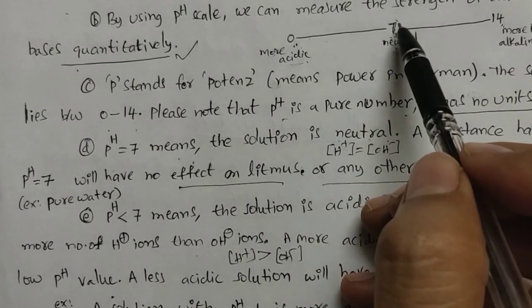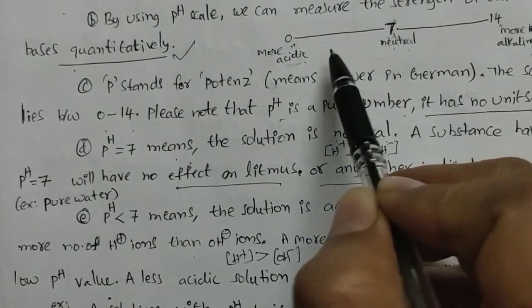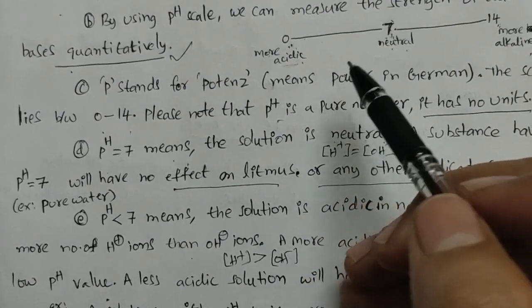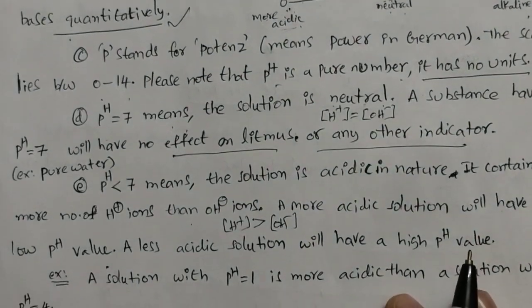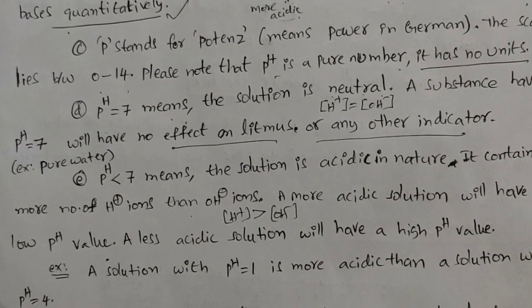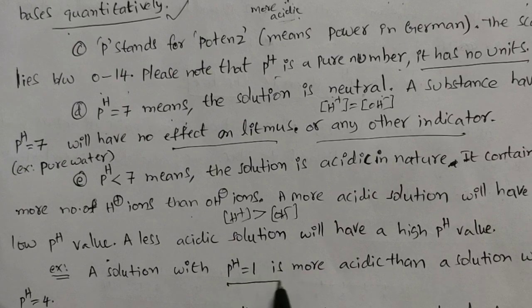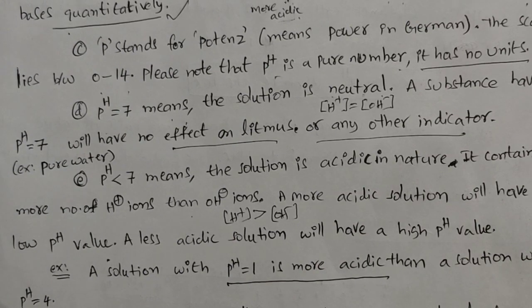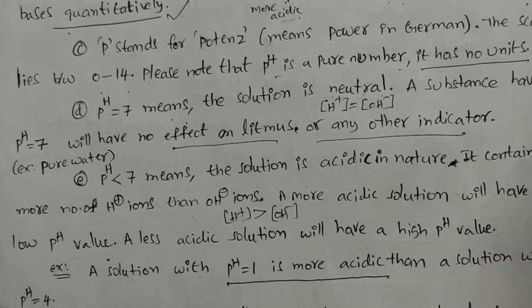Solutions below pH 7 are acidic. In those solutions, if we compare a solution of pH 1 with a solution of pH 4, definitely pH 1 is more acidic than a solution with pH 4. So lower the pH value, higher the acidic nature. Higher the pH value, lower the acidic nature.